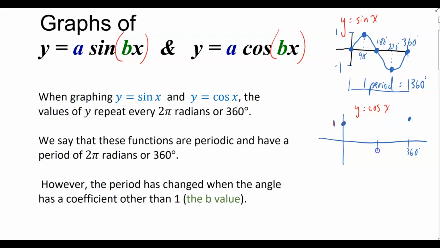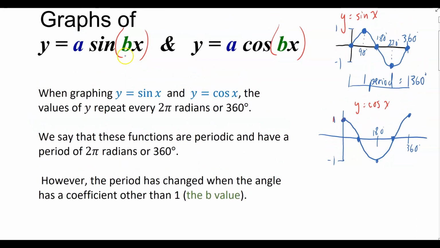Halfway between those two at 180, it has a minimum. And halfway between the max and min, we have zeros. So it looks like this. We will be focusing on those key points as we make changes to the period of the function.